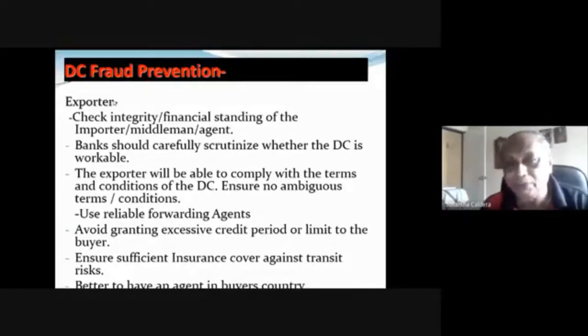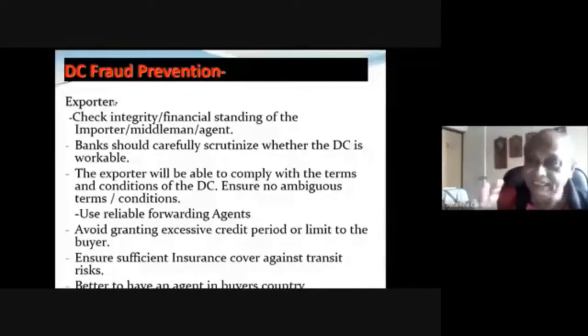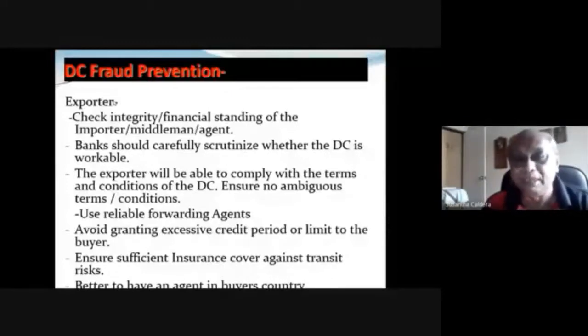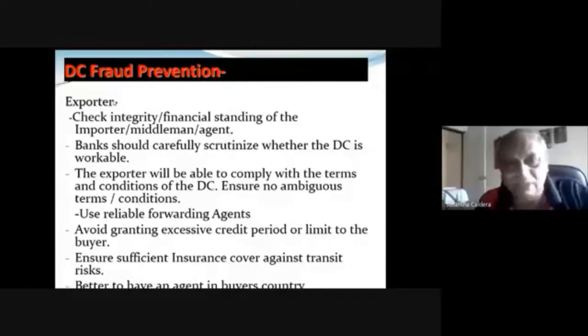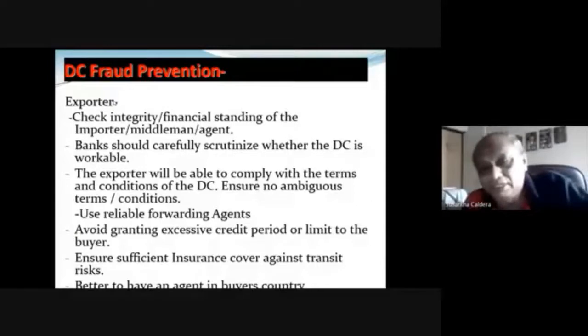Banks should carefully scrutinize whether the DCs are workable, that the exporter will be able to comply with the terms and conditions of the DC. Ensure no ambiguous terms and conditions.